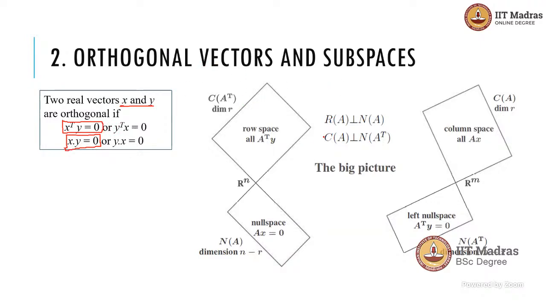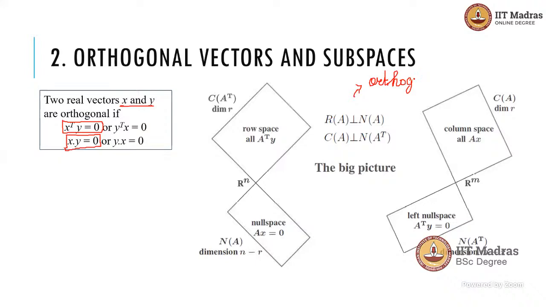Now, how do you say that two subspaces are orthogonal to each other? We say that the row space belongs to the orthogonal complement. So what is an orthogonal complement? In a subspace, there may be more than one or two vectors.